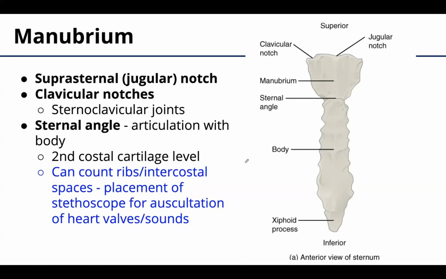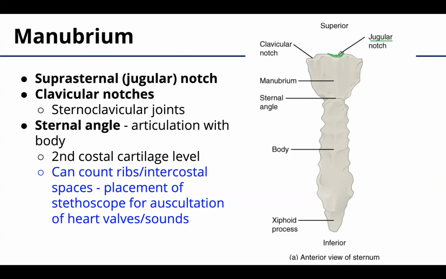There are three parts on the manubrium that are palpable, and that can help you in terms of physical exam. The most superior and mostly midline structure is the suprasternal, or sometimes referred to as the jugular notch. This is right at the top of the sternum. It's that divot that you can palpate right there.